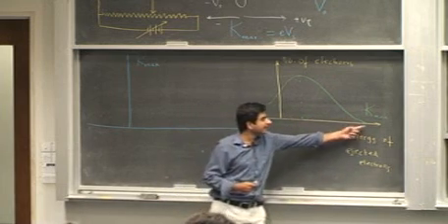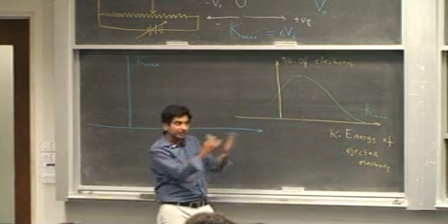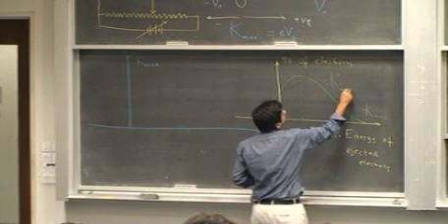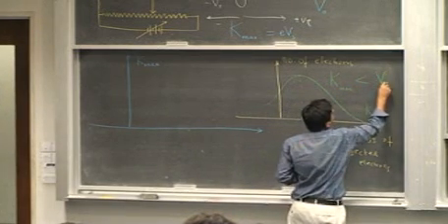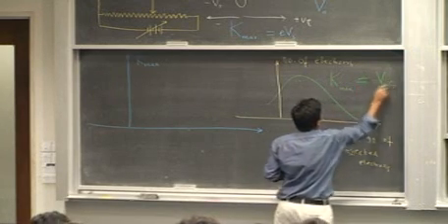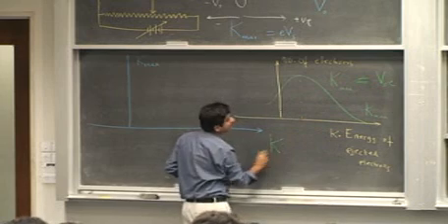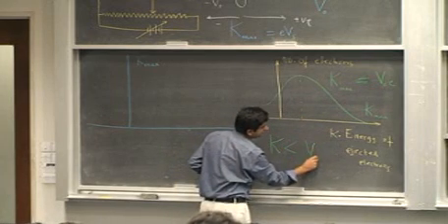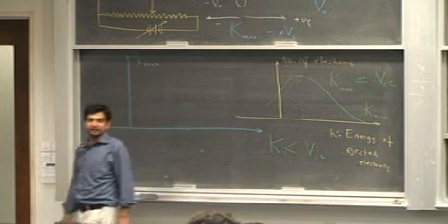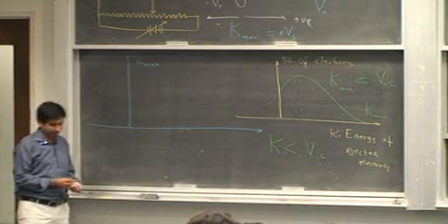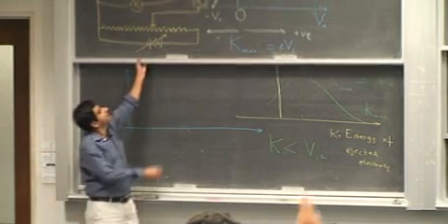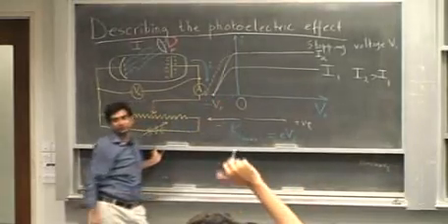Any electron that has energy less than K max is not able to reach the electrode, because K max is equal to Vs e, and the kinetic energy of most electrons is less than Vs e. So the stopping voltage is a measure of the maximum kinetic energy. At the stopping voltage, no electron reaches, so the current really goes to zero. The current has dropped to zero.